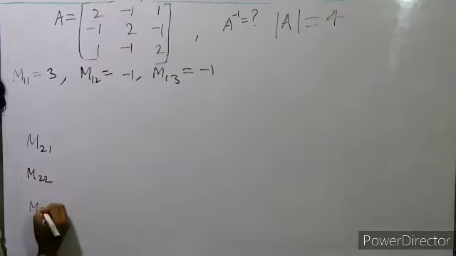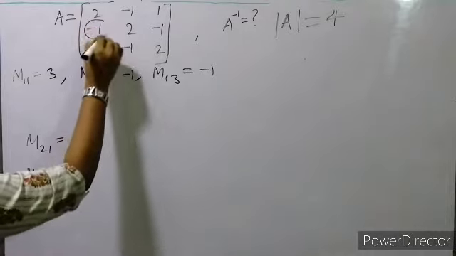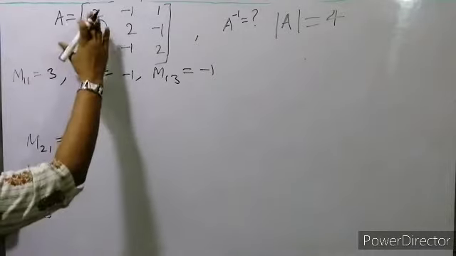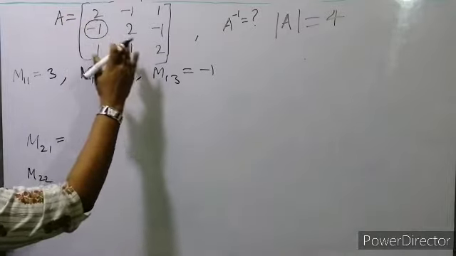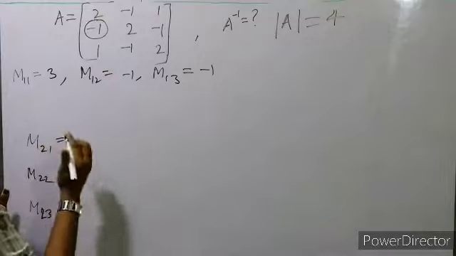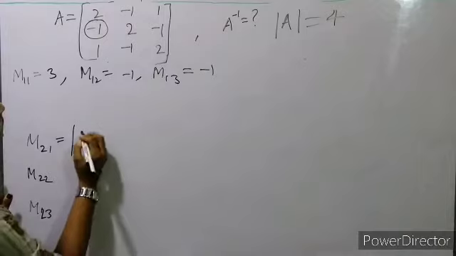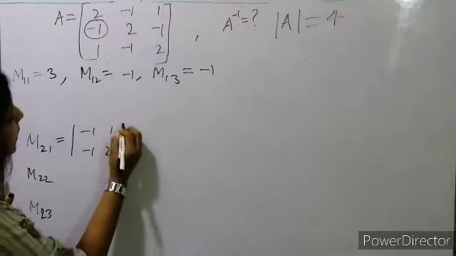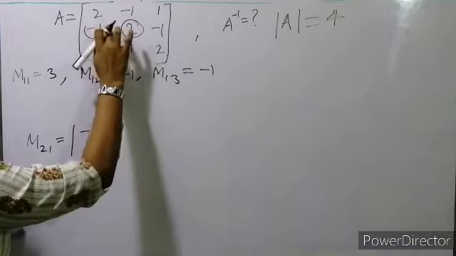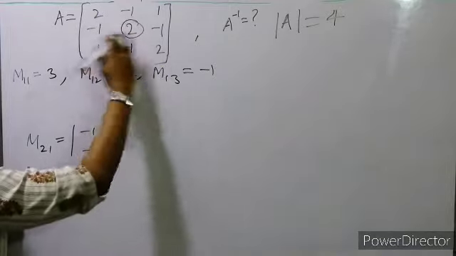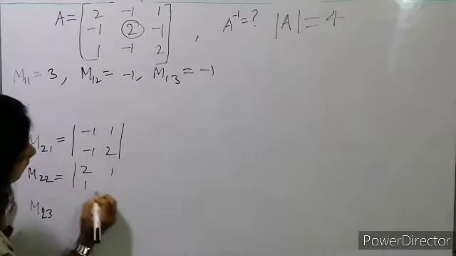When we take 21, that means the second row and first column, what is left behind? These two and these two. Okay, -1 1 -1 2. Now if we remove 2 2, what will be left with us? When the second row and second column are removed, 2 1 1 2.